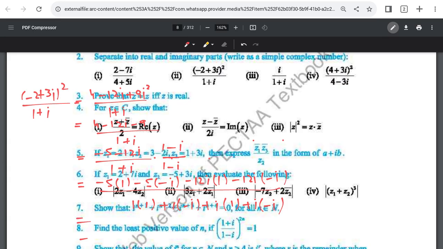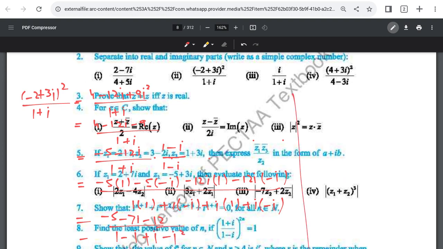Okay, so now students, we simplify. So when we simplify the first one, it is minus 5 minus 7 iota minus 12 over 1 minus iota plus iota minus iota square.